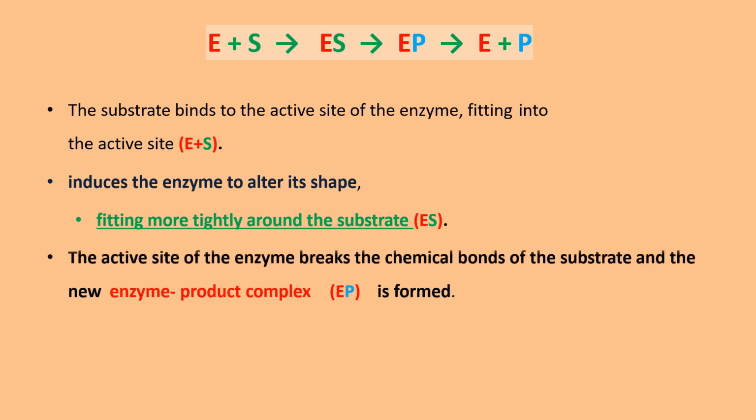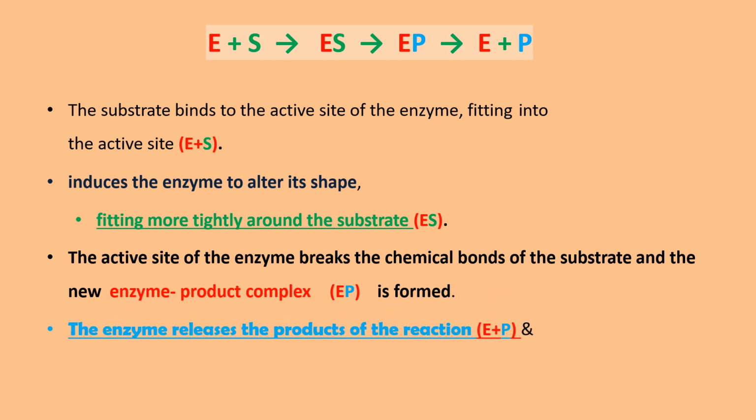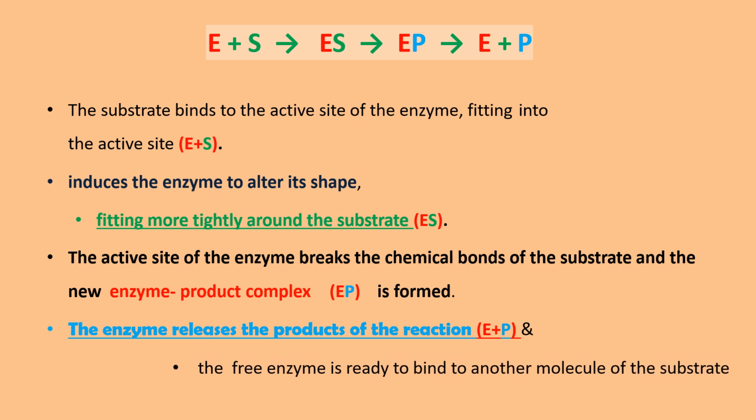Only then you can form an effective enzyme substrate complex. The active site of the enzyme breaks the chemical bonds of the substrate and the new enzyme product complex is formed. Finally, the enzyme releases the products of the reaction, E plus P, and you get the free enzyme which is ready to bind to another molecule of the substrate.